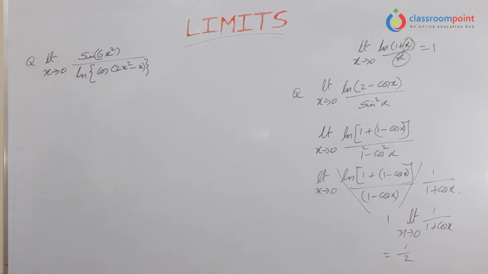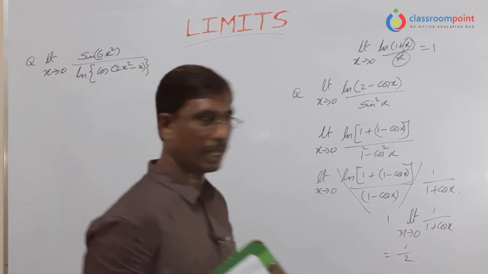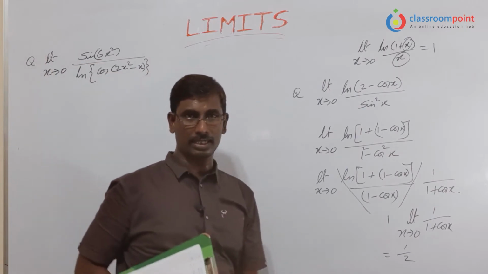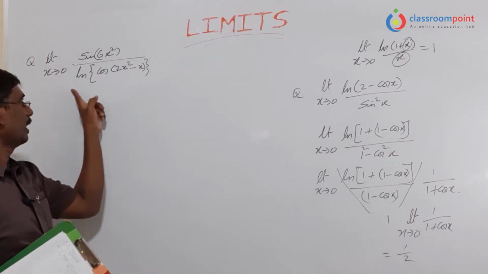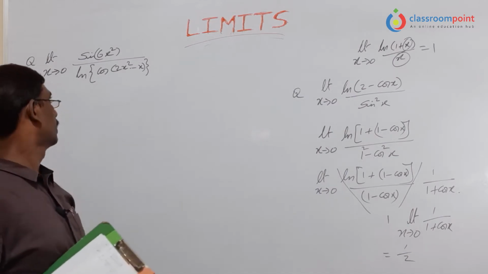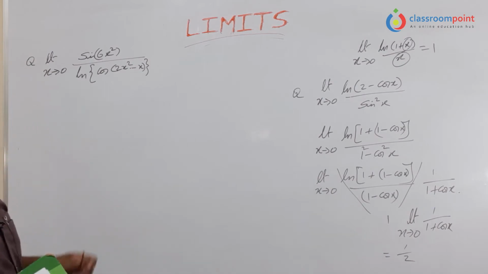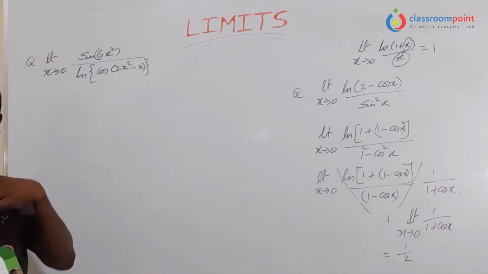This is the question for that. See here, limit x tends to 0, sin of 6x square by ln of cos 2x square minus x. Then how to simplify that?